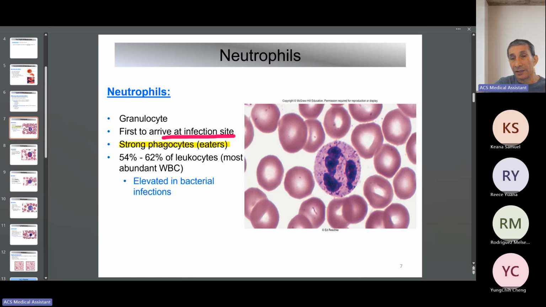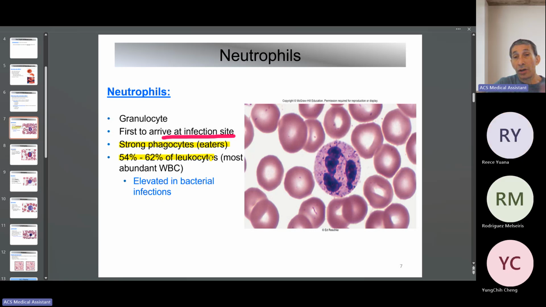So these kill the microorganisms, the bacteria, and they eat them. It is the most abundant leukocyte among the white blood cells. Of the 5 white blood cell types, neutrophils are the most abundant. We have between 54 to 62%.